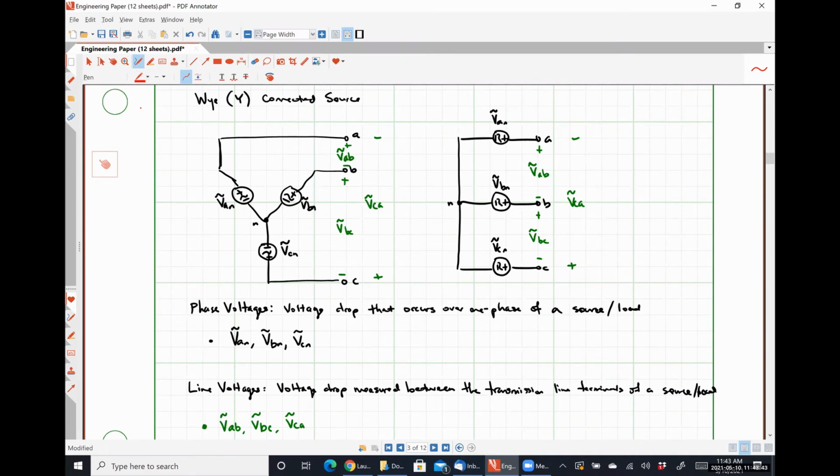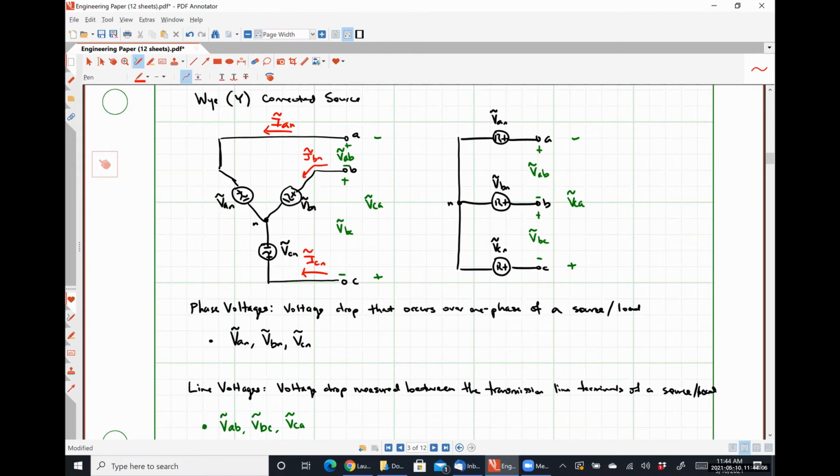So that would be IAN, IBN, and ICN, okay? So the first subscript letter is where the current is originating from.